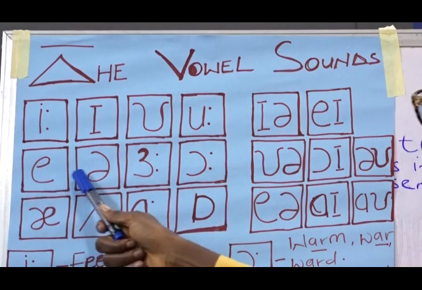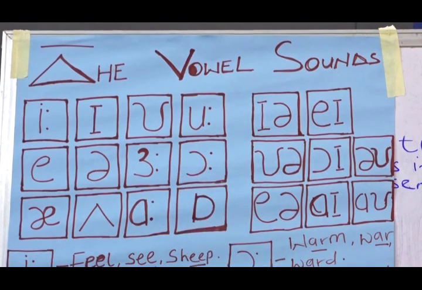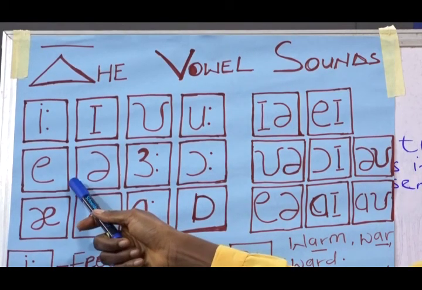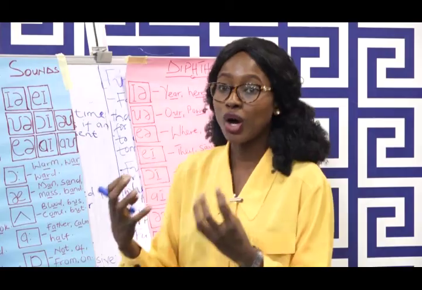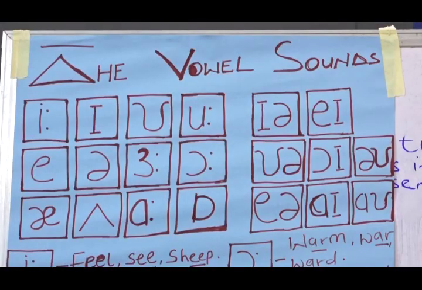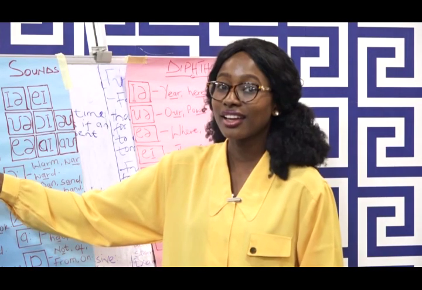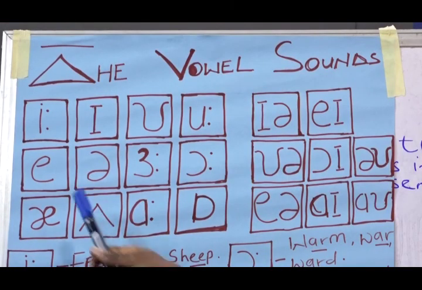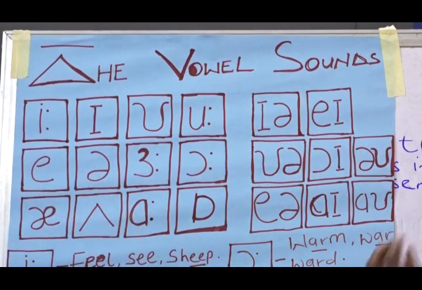And the sounds on the second row, the mouth is a little more open during the production. For this sound, you say eh, eh. And you can see that the mouth is a little more open.